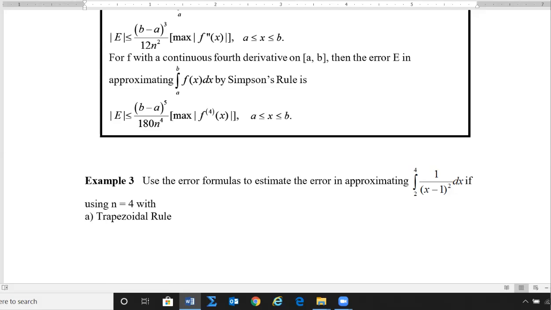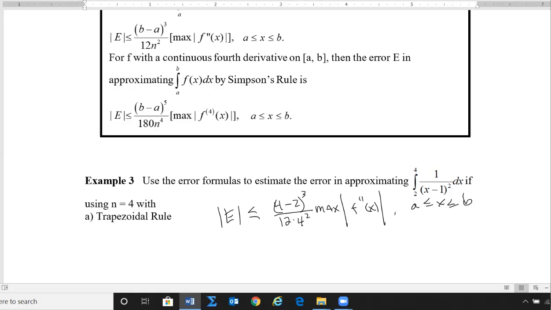We'll have that the error is less than or equal to (b minus a), so (4 minus 2) to the 3rd power, over 12 times 4 squared, times the maximum of the absolute value of f double prime of x, where x is between a and b.